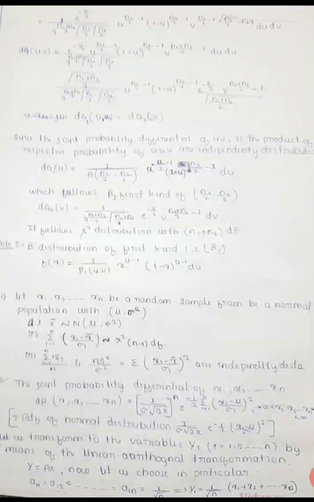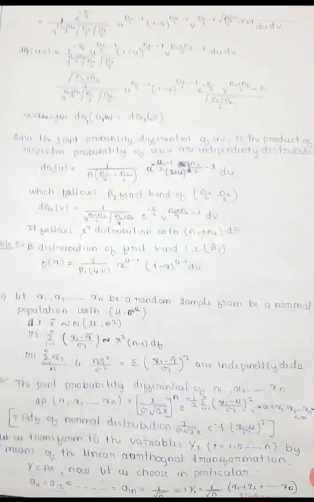Now dg of u, phi is equal to e raised to minus phi by 2, into u raised to n1 by 2 minus 1, divided by 2 raised to (n1 plus n2) upon 2, gamma of n1 by 2, gamma of n2 by 2, into (1 minus u) raised to n2 upon 2 minus 1, into phi raised to (n1 plus n2) upon 2 minus 1, du into dv.